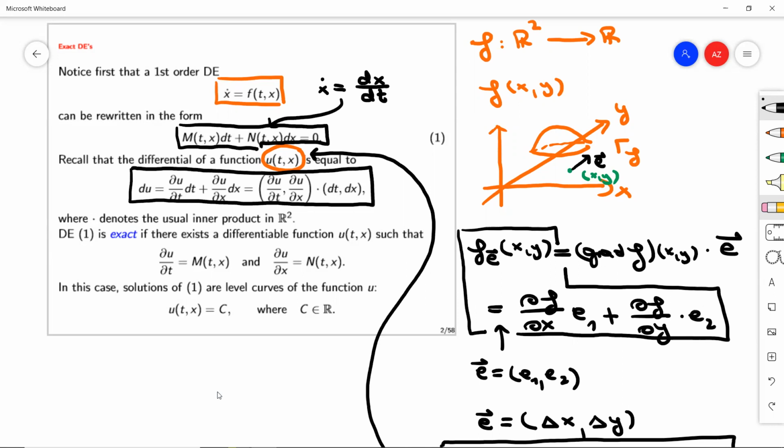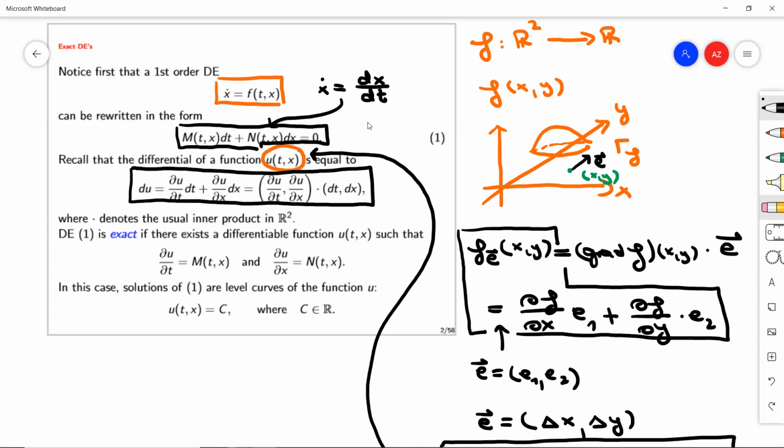It's always possible to rewrite it in this form. It's some function of t and x times differential in t, plus some function of t and x, here named n, times dx, is equal to 0.